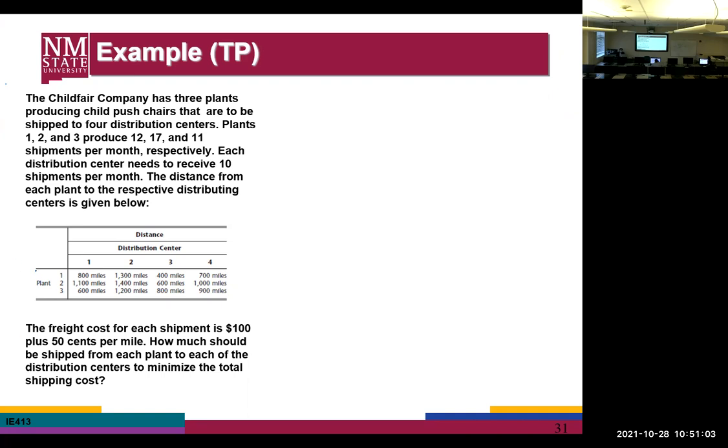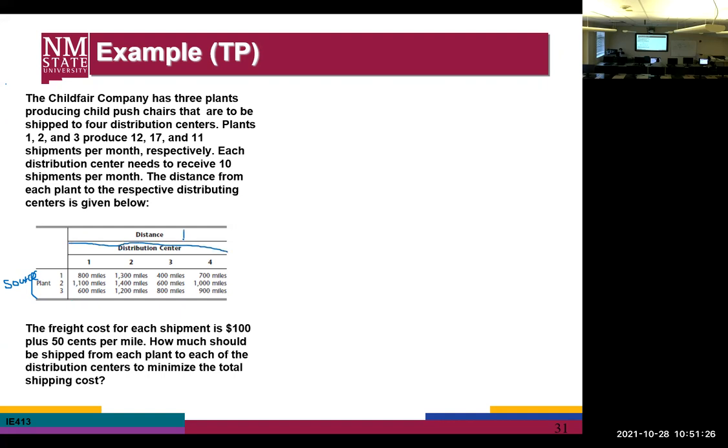So we can consider this as resources, right? This is source. And this is going to be our destinations, right?